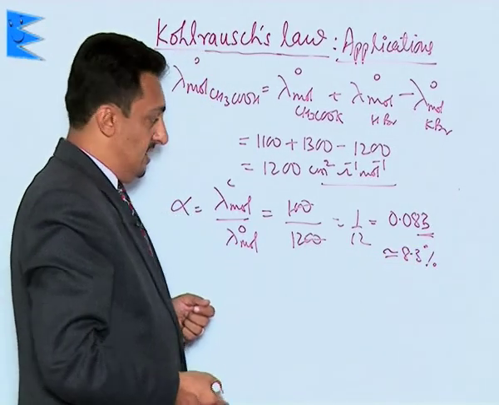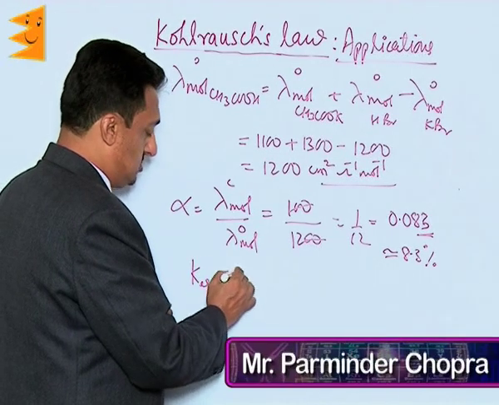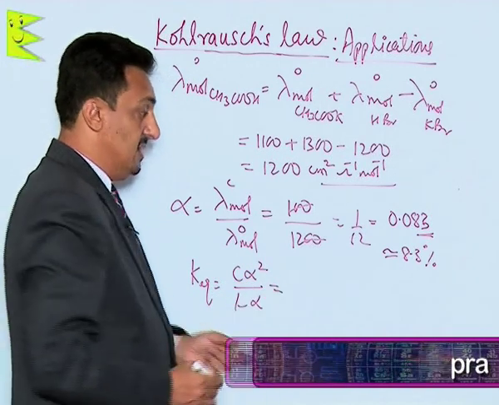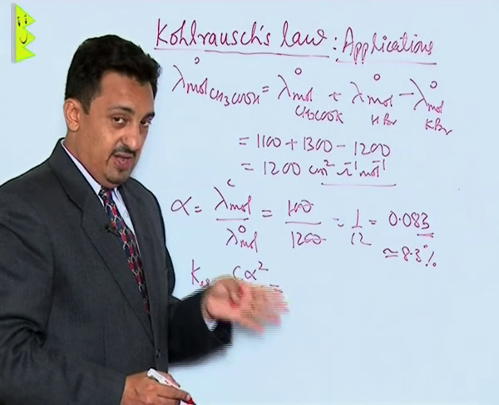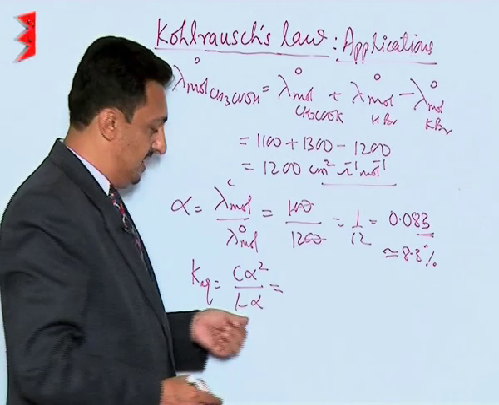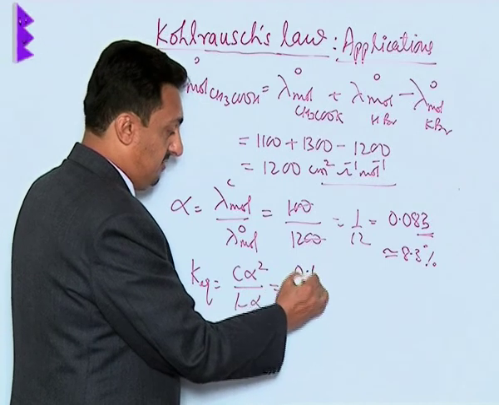Or we can say 8.3%. Now, we know the equilibrium constant will be C alpha square upon 1 minus alpha. Since alpha is 8.3%, it is large enough, we cannot neglect it from the denominator. The concentration, we know, was 0.1 molar.